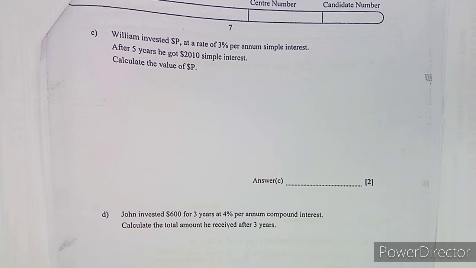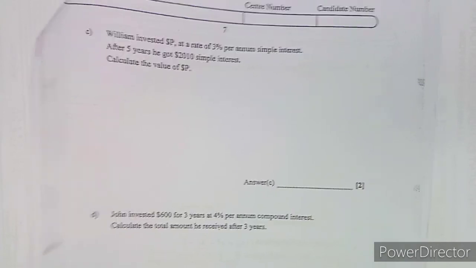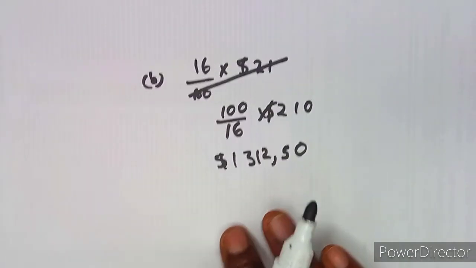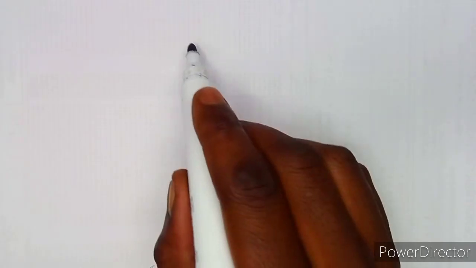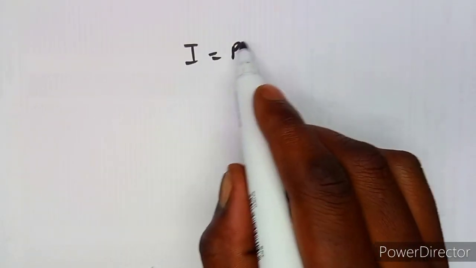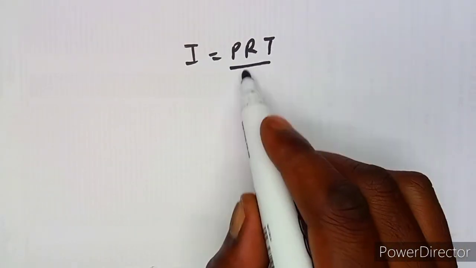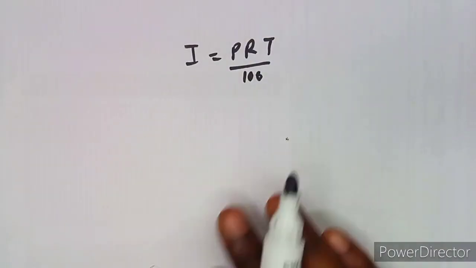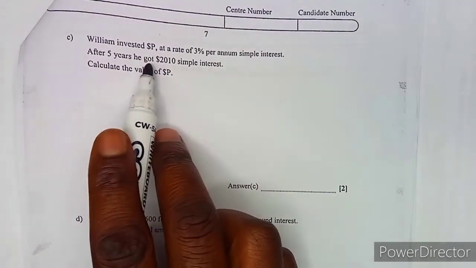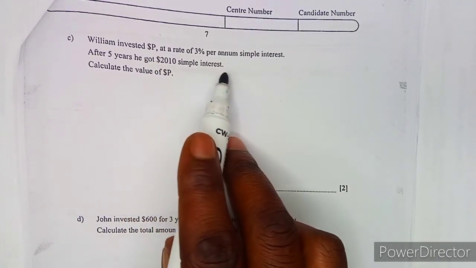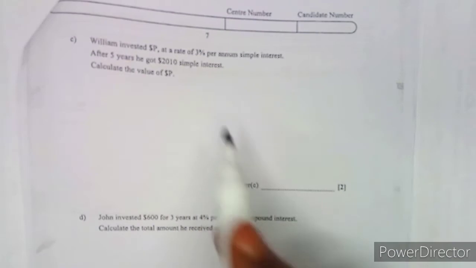Okay, if he got the simple interest, we remember that the simple interest is given by PRT over 100. So in this case, the simple interest is already the one that he obtained.